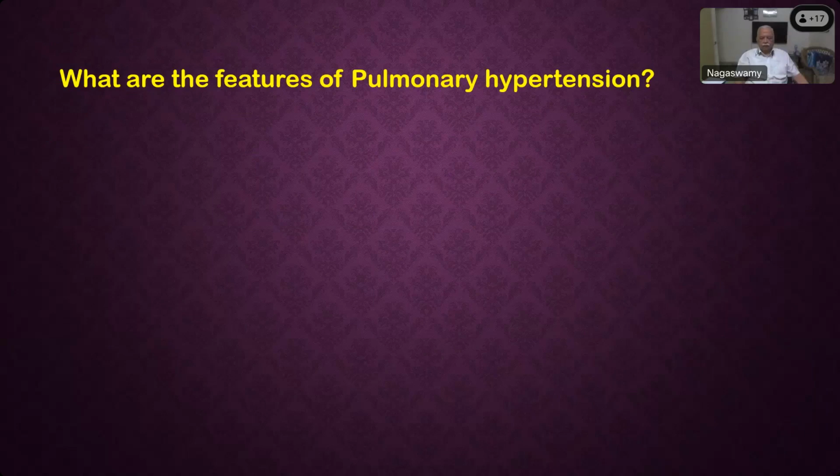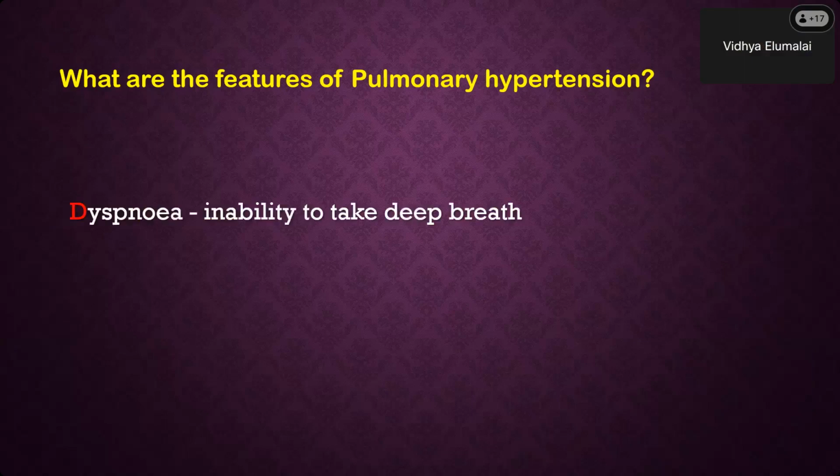More than that, when the pulmonary pressures are high, what will the breathing be like? Easy or difficult? Difficult. So dyspnea should be there, an inability to take a deep breath. Then, if pulmonary hypertension comes in, cor pulmonale, you said. In cor pulmonale, will the carbon dioxide level be high or low?